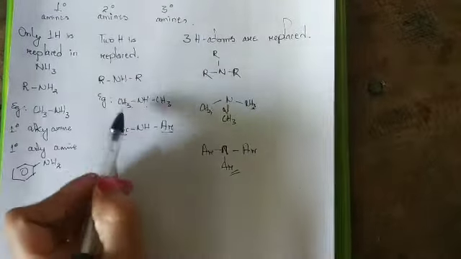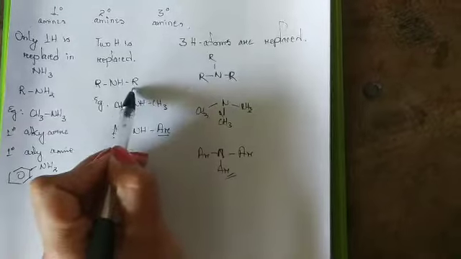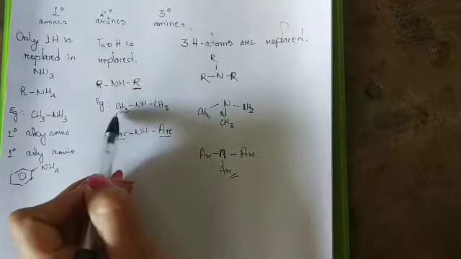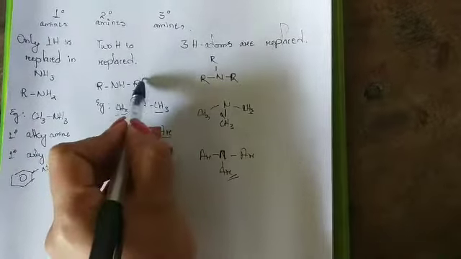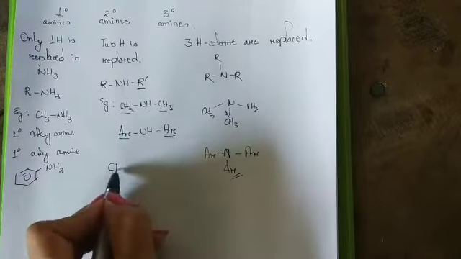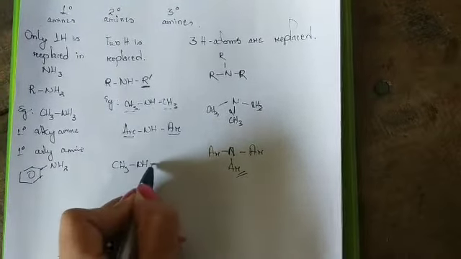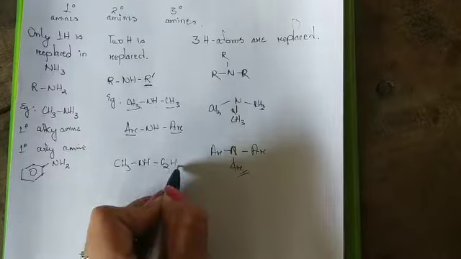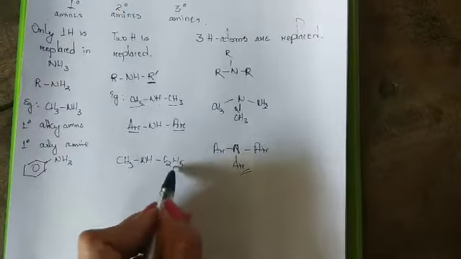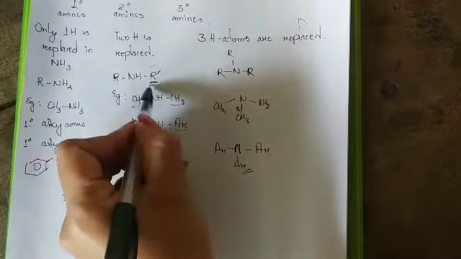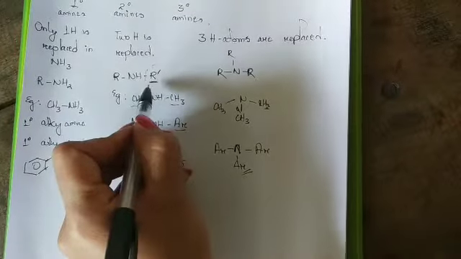Also keep in mind, the second alkyl group may be the same as in this case or may be different. For example, we have CH3 NH C2H5. The second alkyl group or the aryl group may be the same or different.